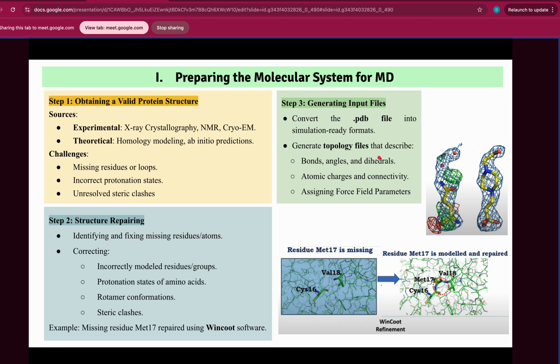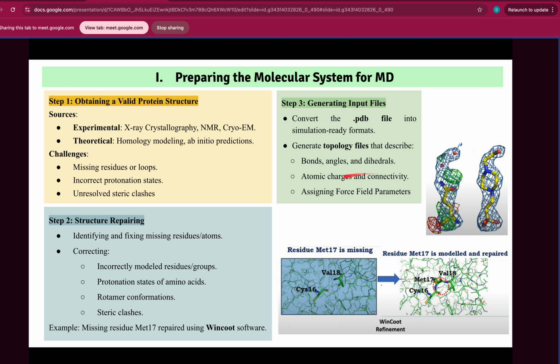We generate a topology file which describes bonds, angles and dihedrals, because we have seen how we study dynamics, we focus on different force fields and different interactions. So before moving on to them, we need to specify what my bonds, angles and dihedrals currently are. All these things are listed in the topology file. So from the PDB file, you need to generate this topology file.